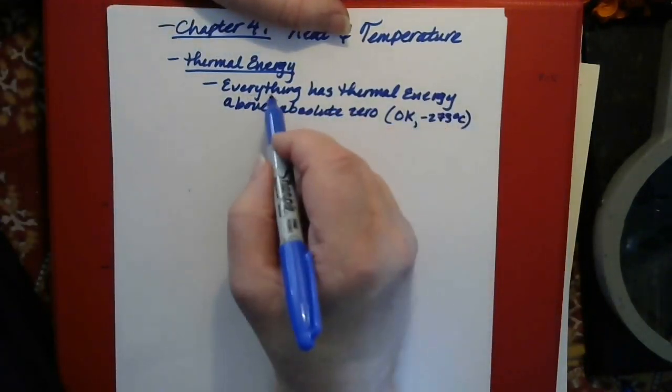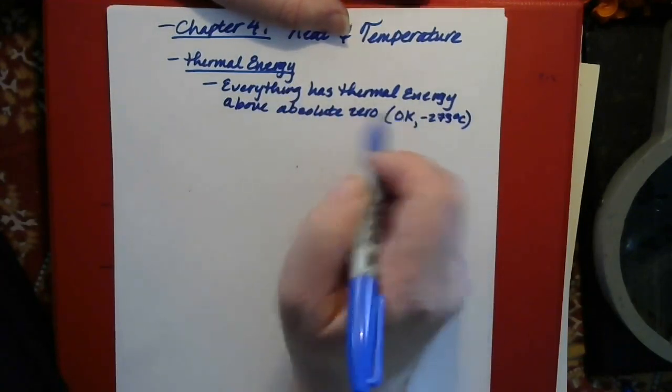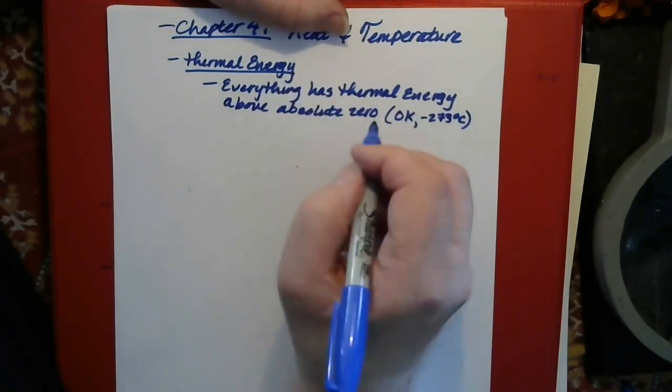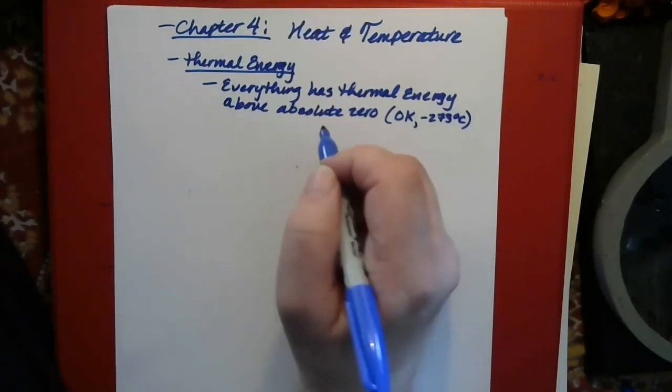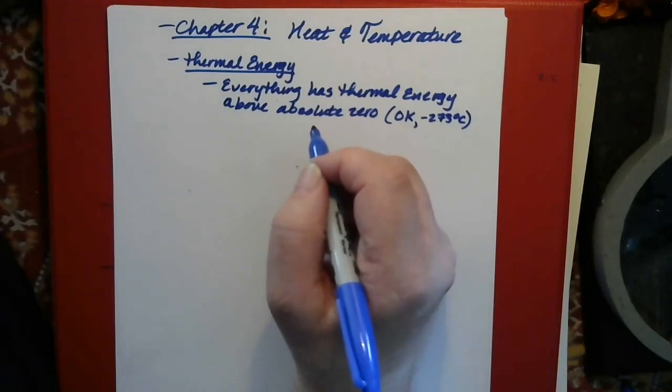And that means effectively that everything has thermal energy because, as I think I've mentioned before, nobody has ever actually reached absolute zero. Nowhere in the universe is at absolute zero.